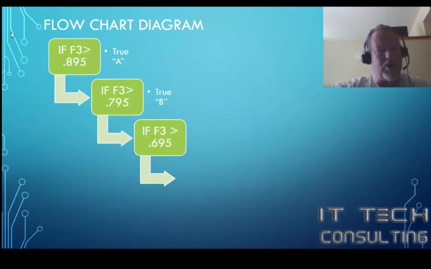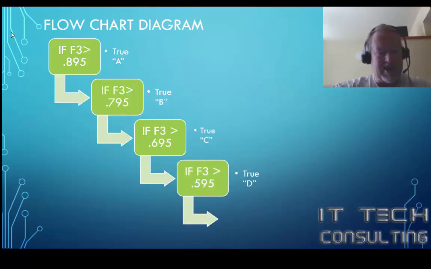If it's not true, we're going to test again, and if it is true, it's a C. If not, we're going to test to see if it's greater than 59.5%. If that condition is true, we're going to put a D. If it's false, we don't really need to test again, because it's not an A, it's not a B, it's not a C, it's not a D. It has to be an F. So there's our flowchart for the nested if function.